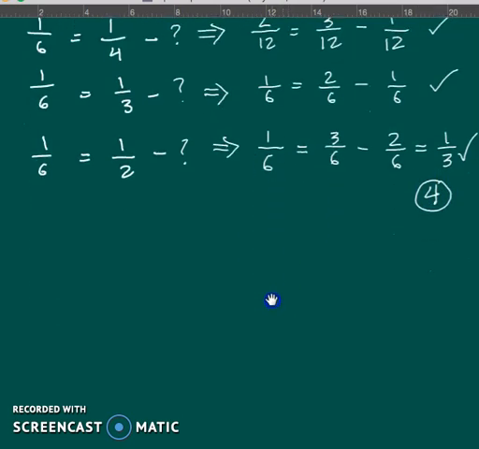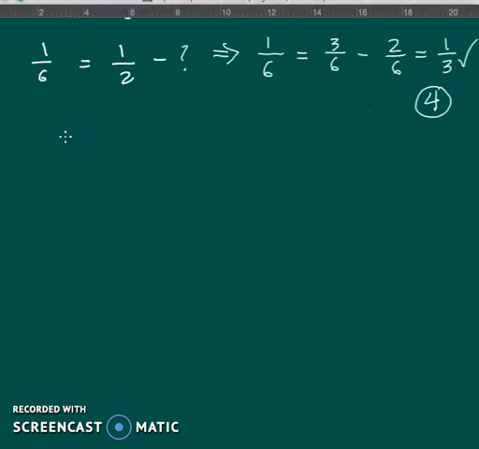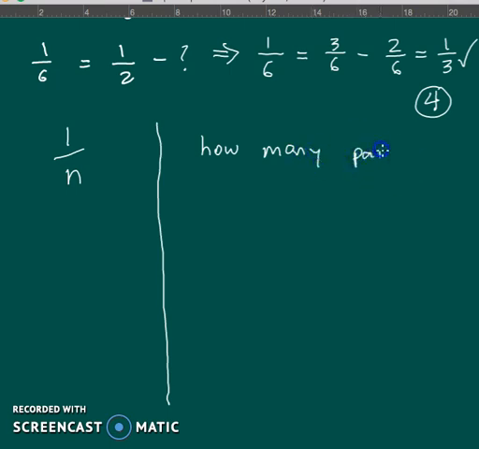So let's write that down. Let's write it down as a chart so that we can compare our findings. So here we'll have our 1/n. So we'll write down our n's here, and then we'll write how many corresponding ways, how many pairs we found for each fraction, so that when they were subtracted, we got that fraction. So how many pairs?